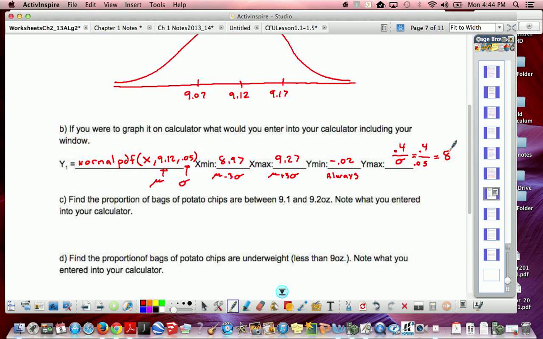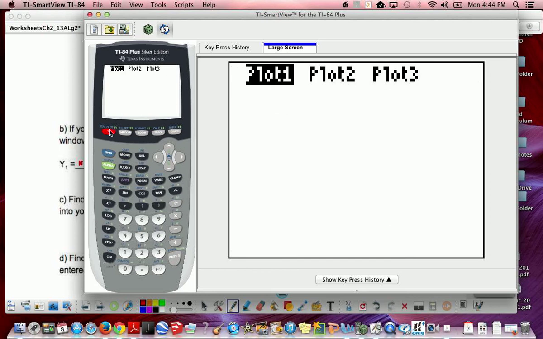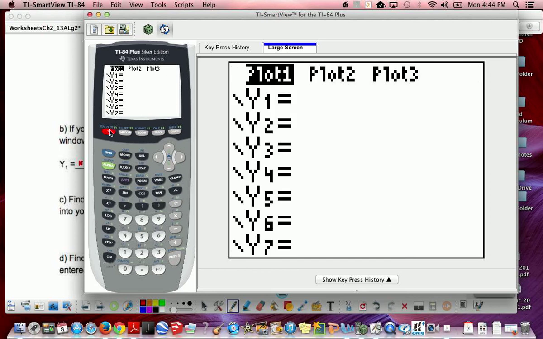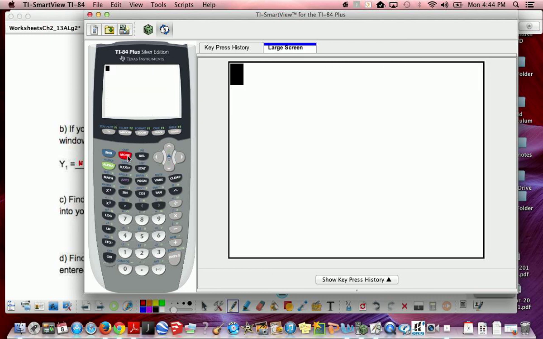So now, just to show the graph on our graphing calculator. If I go to my y equals, I want to make sure I'm in the y1 form. If your calculator is still in sequential mode, go to mode, make sure it's in the function mode. If you go down here, you can see that it says highlighted function. Make sure you change that.